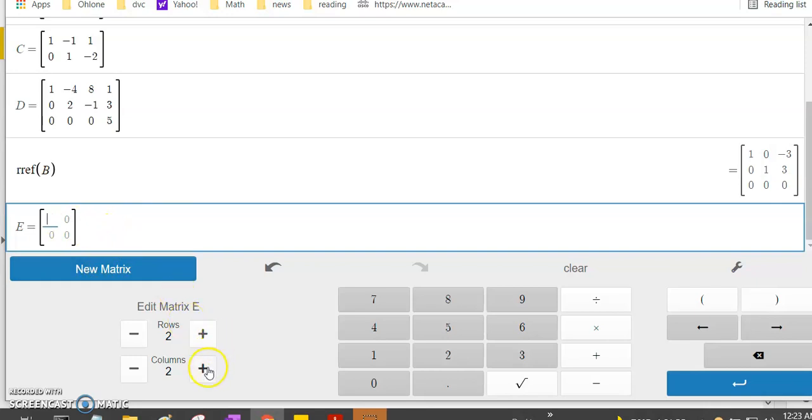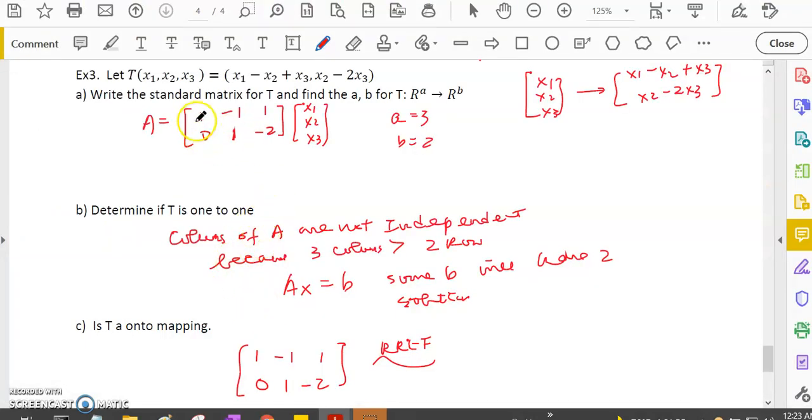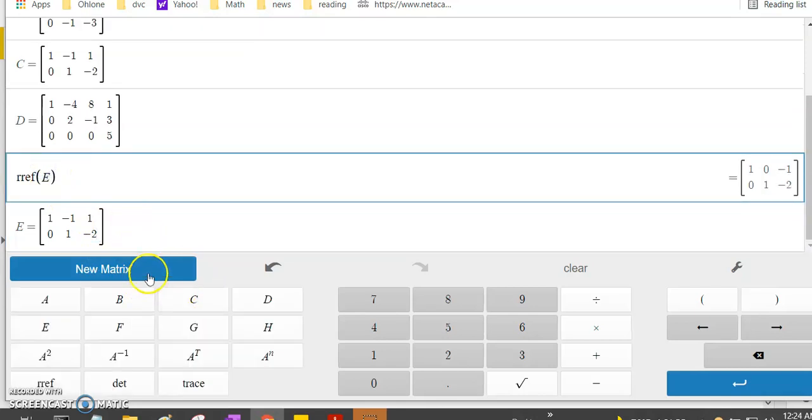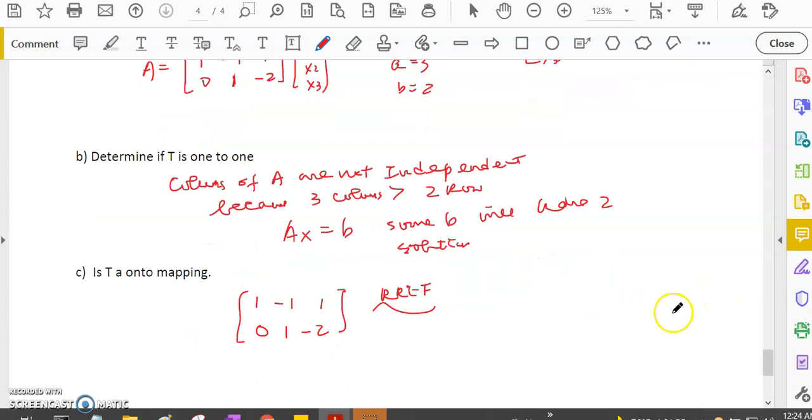Writing out the matrix with 1, 0, -1, 1, 1, -2, and doing the reduced row echelon form, you can see that we have two pivot columns, so all the rows have a 1: 1, 0, -1, 0, 1, -2.